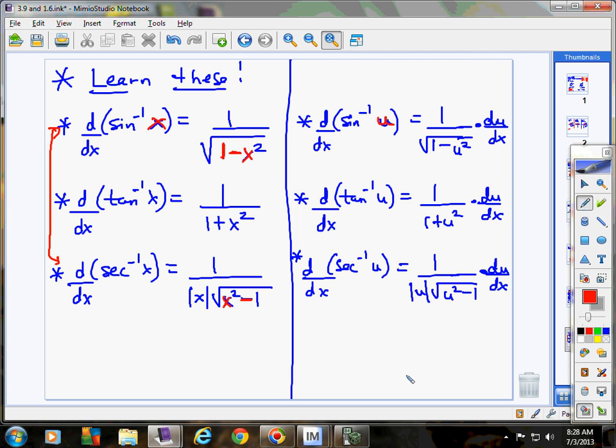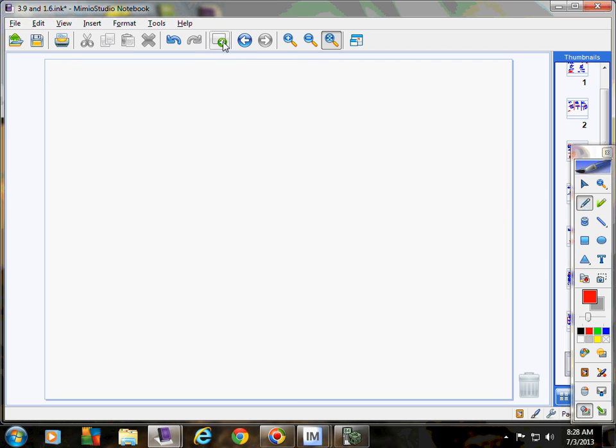Now then, let's try working a problem. Derivative of inverse sine of x squared with respect to x.